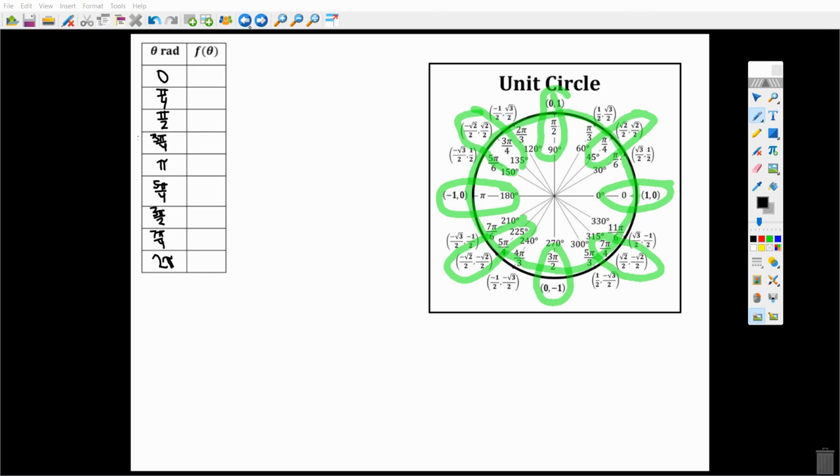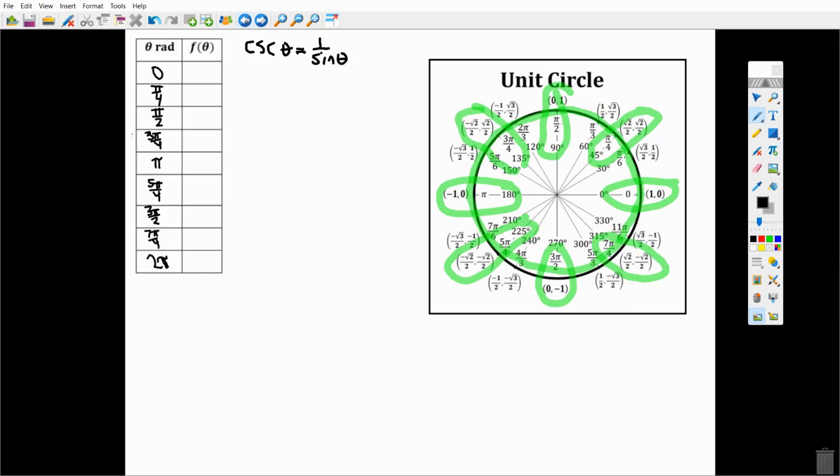So this one, remember that we're graphing cosecant, and cosecant is 1 over sine theta, which I hope I wrote here. Let me see. Yeah, I did. Okay, so that is equivalent to 1 over the y value. The last one we did for secant was 1 over x. This is 1 over y.